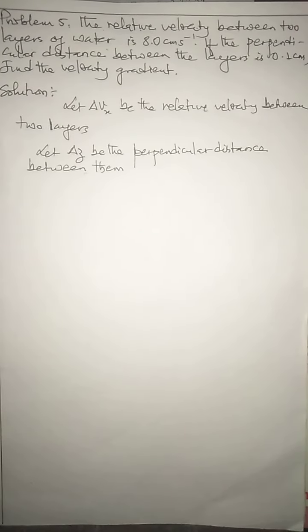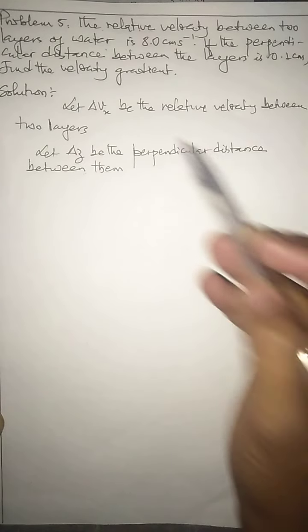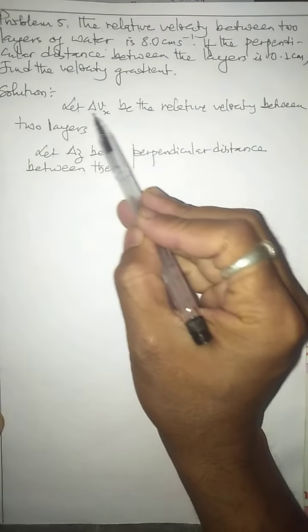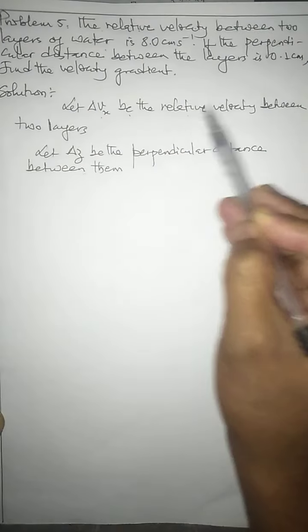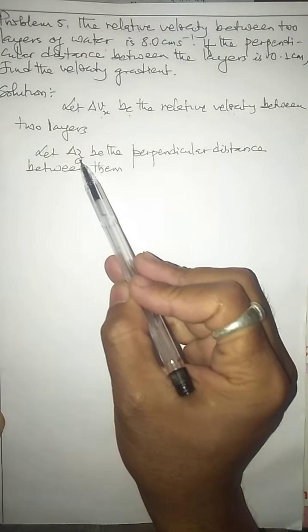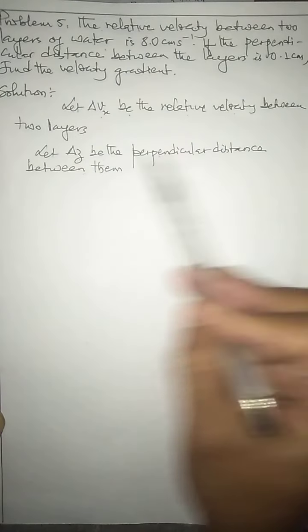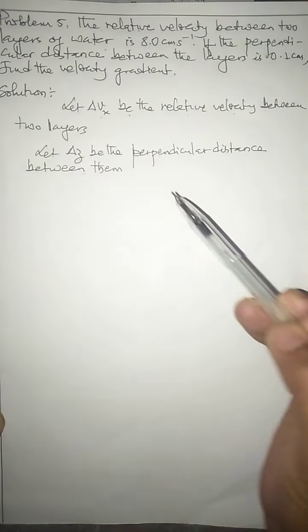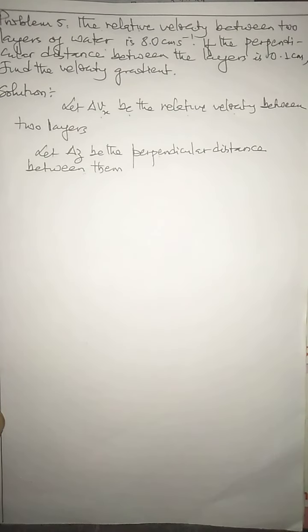Children, to solve this question, consider delta Vx to be the relative velocity between two layers, and delta Z to be the perpendicular distance between them, because these are the symbols we had already used for measuring the velocity gradient.